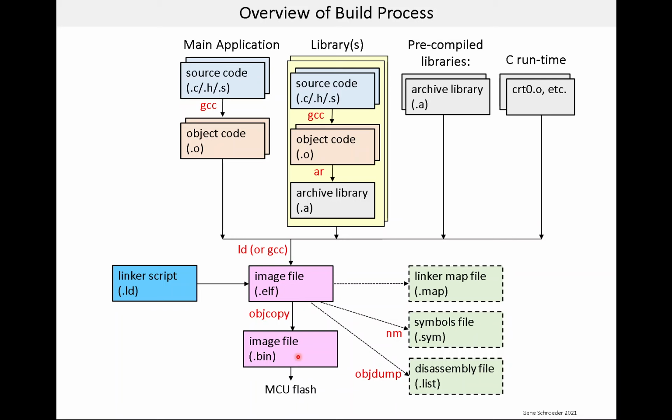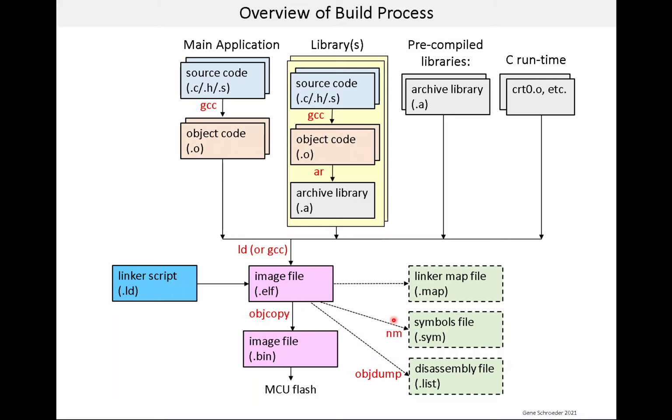Now, to the right, I show some other information files that the linker generates or that can be generated with other tools. I put them in dashed boxes as they are optional and for information only. The .map file contains a lot of information about what the linker has done, as it pulls in code from archive libraries to resolve symbols and maps object code and variables to memory.